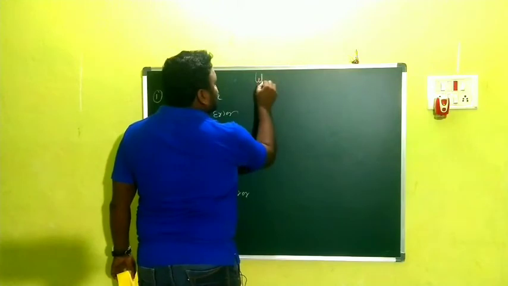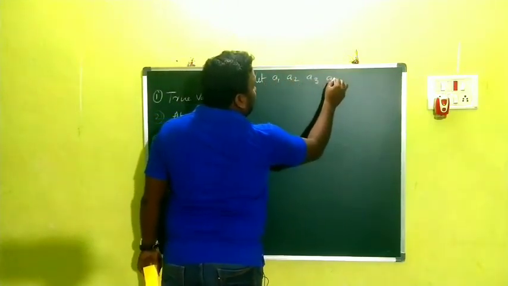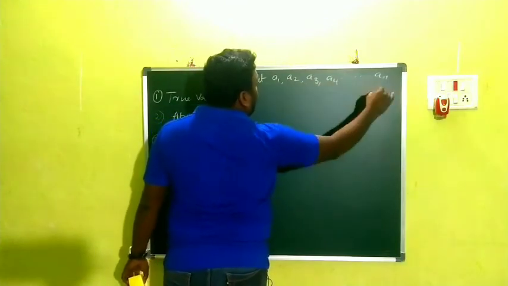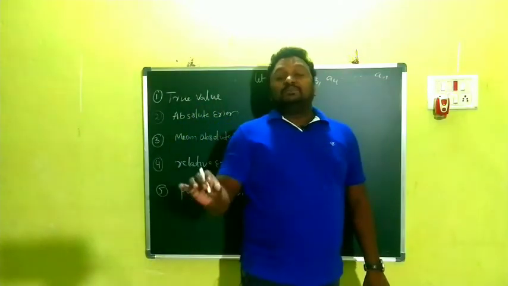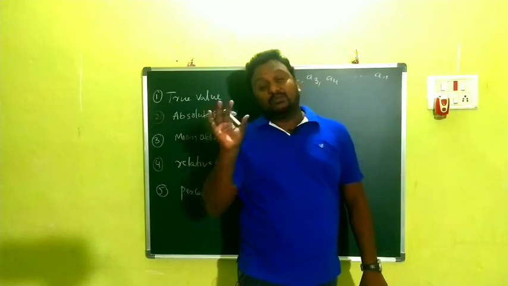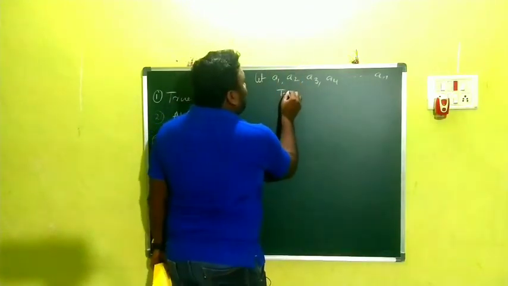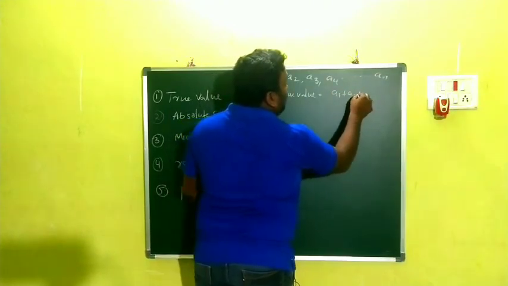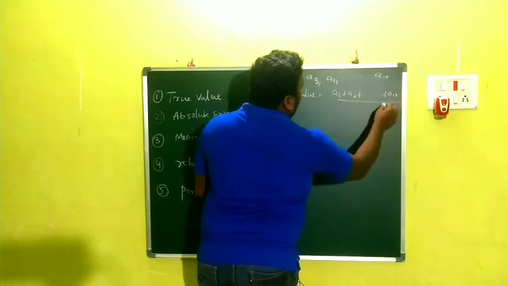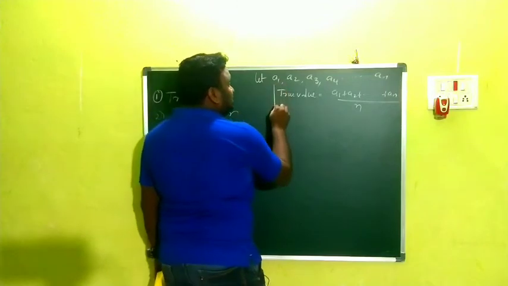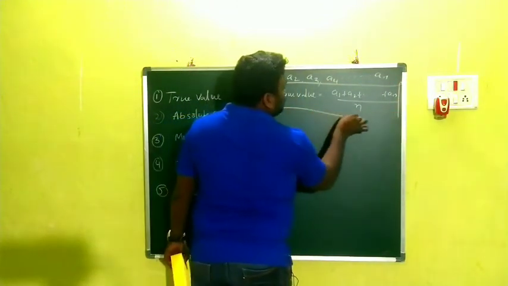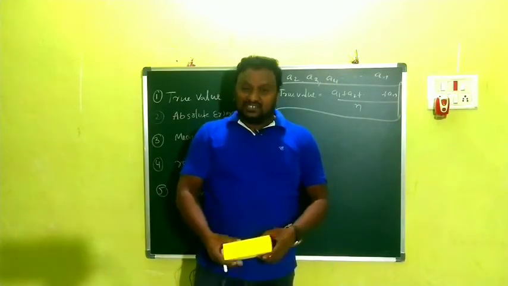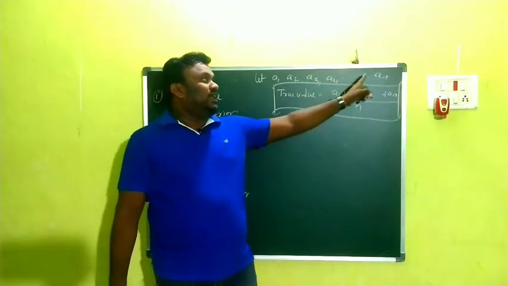In an experiment, let A1, A2, A3, A4 and so on up to An be the measured values in the experiment. Then how can we write the true value? The true value is the average value, so we write it as A1 plus A2 plus A3 and so on up to An, divided by N, since there are N values. This is the expression for the true value. Got it, children? In an experiment, we have some observations A1, A2, A3, A4 and so on up to An.